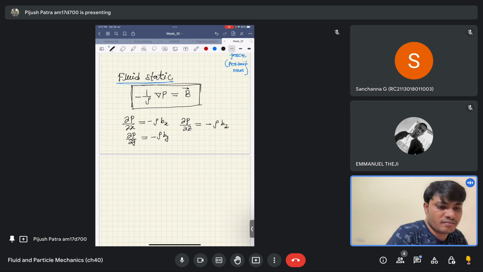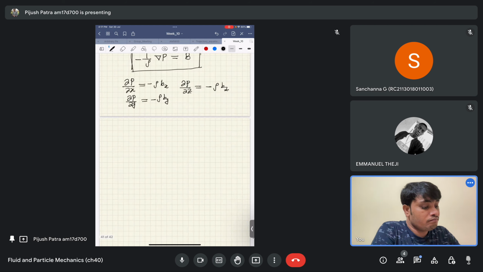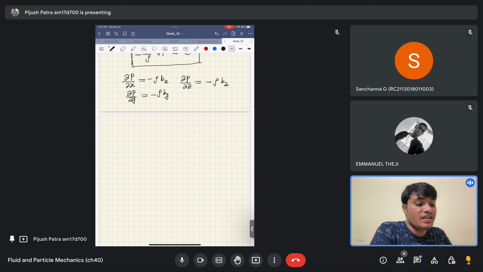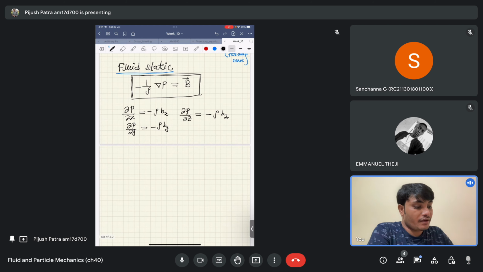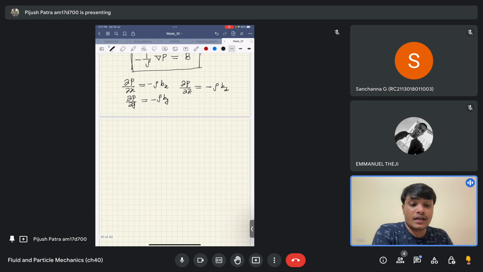That you solved in different problems previously. What about the incompressible inviscid flow, or rather I should say the Euler equation?